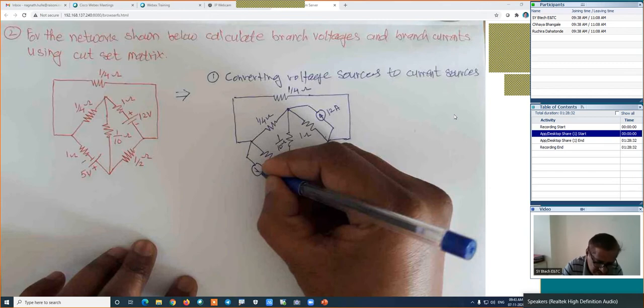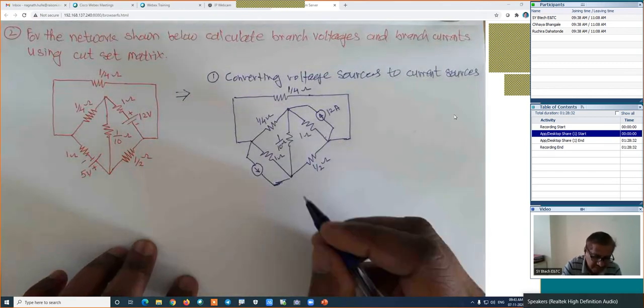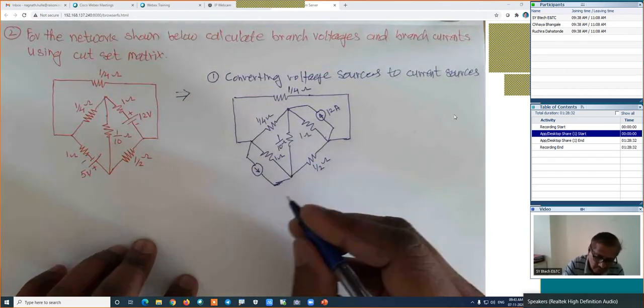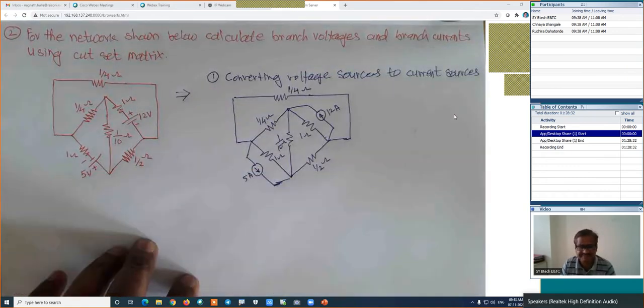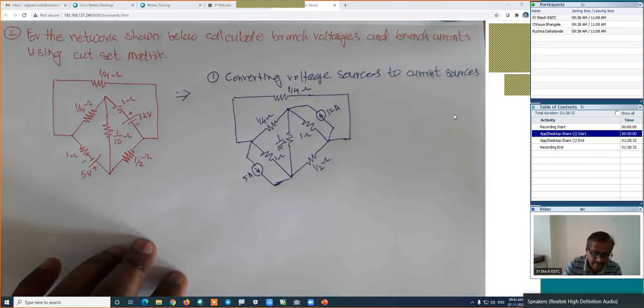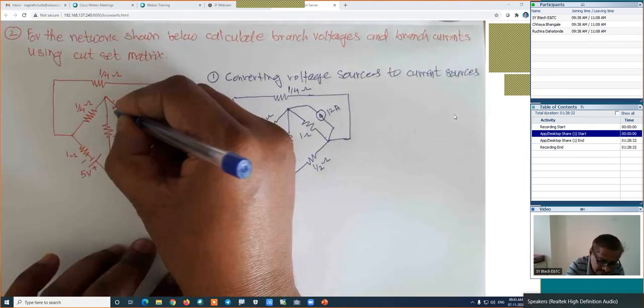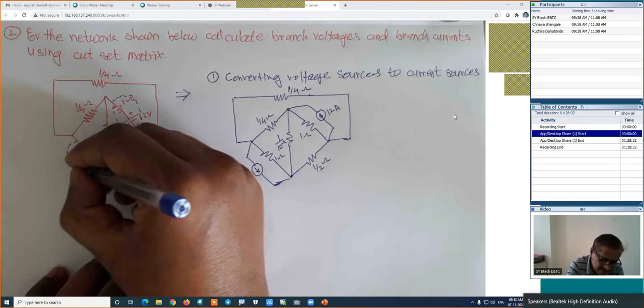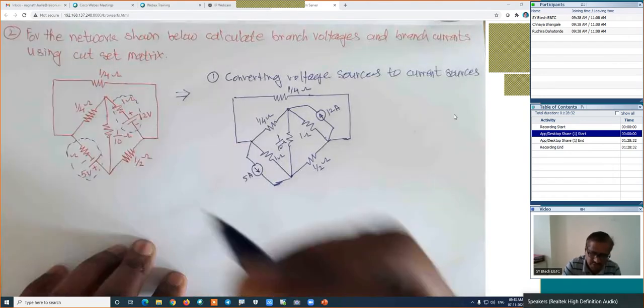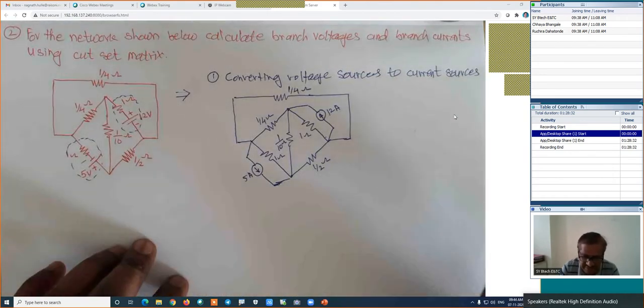Its value is V upon R, that is 5 volt upon 1 ohm, which is nothing but 5 amperes. Is it right? What I have done is converted this voltage source into the current source, and at the same time, this voltage source into the current source. Otherwise, everything I have kept the same. Remaining everything is the same.